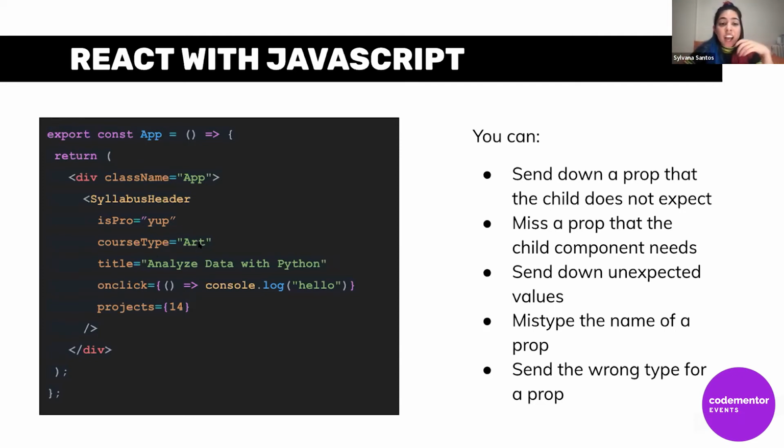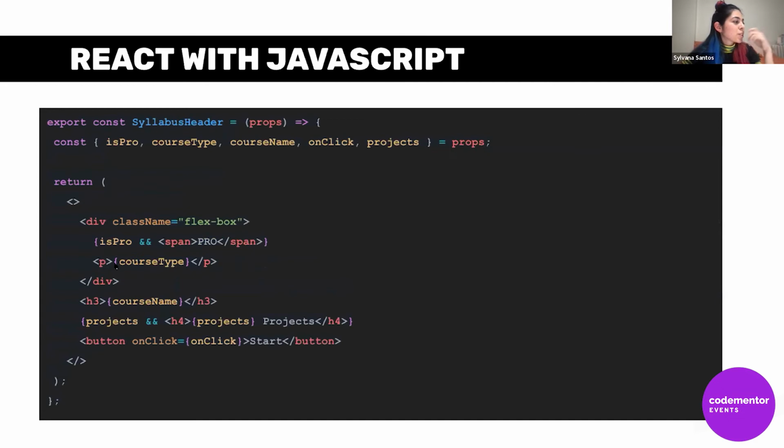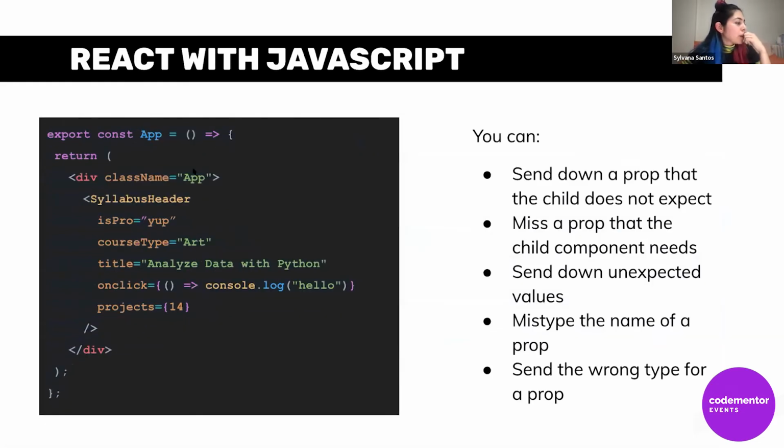So this is technically not a wrong type, but it just doesn't make sense in our context. We could also try to give it a prop named title, but if I go back two slides, our SyllabusHeader component isn't expecting a prop named title. So that's a problem. And maybe I accidentally mistype onClick and forget to capitalize the C here. All of these would result in errors or unintended behavior.